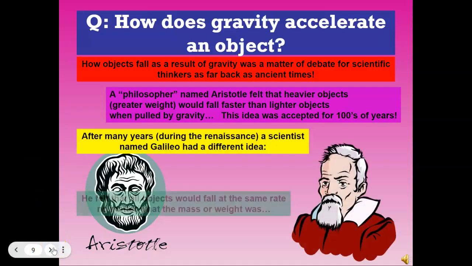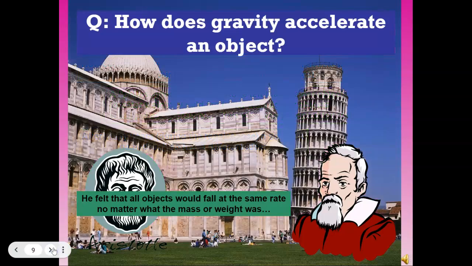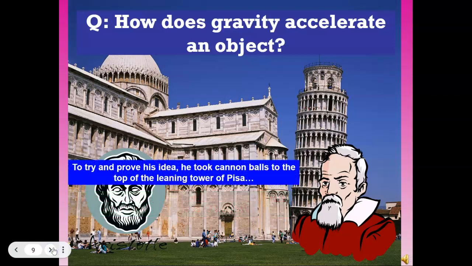After many years, especially during the Renaissance, a scientist named Galileo had different ideas. He felt that all objects would fall at the same rate, no matter the mass or the weight. And so, as scientists do, he sets off to prove his theory. He took cannonballs to the top of the Leaning Tower of Pisa, which is leaning because of substance in the ground, but that's a different story for earth science.